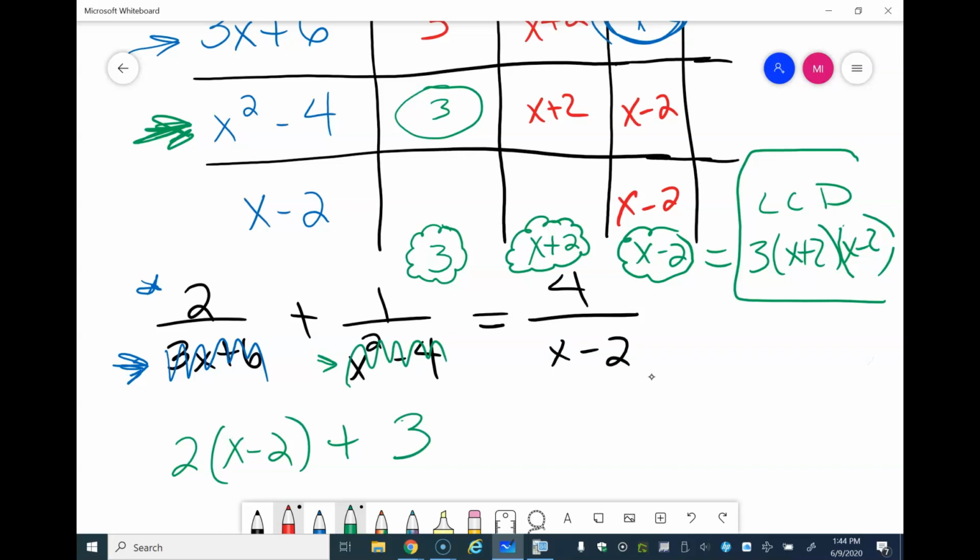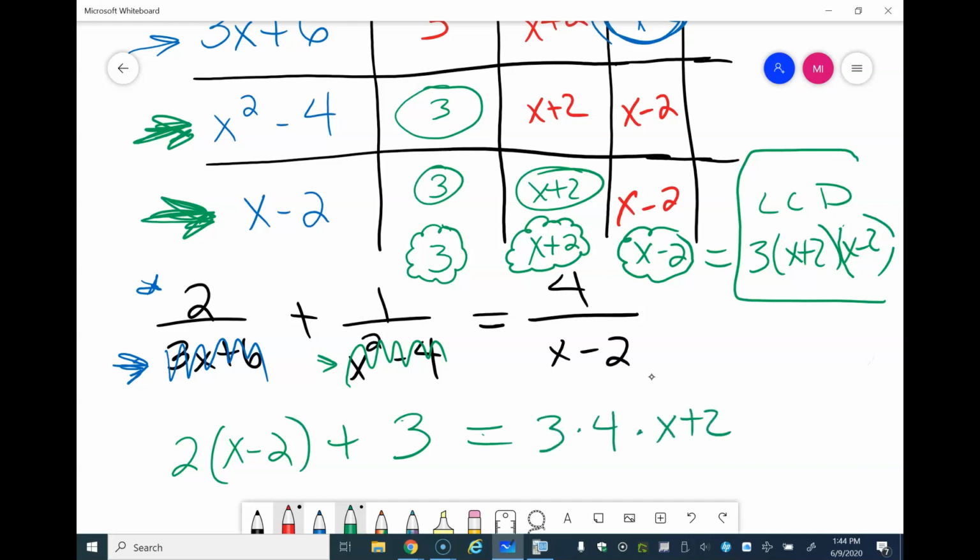Real cool. The last one, we're going to look in the last row, and it's missing two things. It's missing a 3, and it's missing an x plus 2. So we're going to multiply both to the numerator on top. So I have 3 times 4 times x plus 2, and then I can get rid of the bottom part.